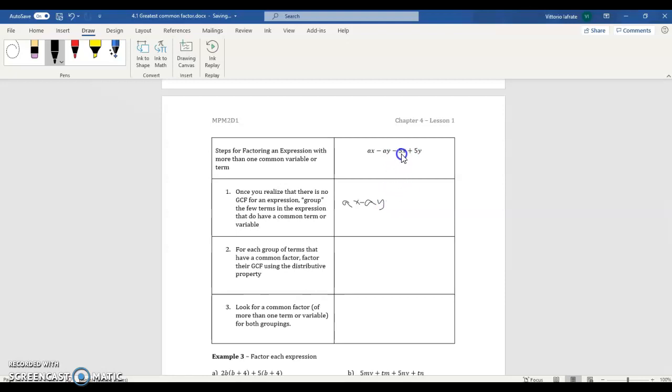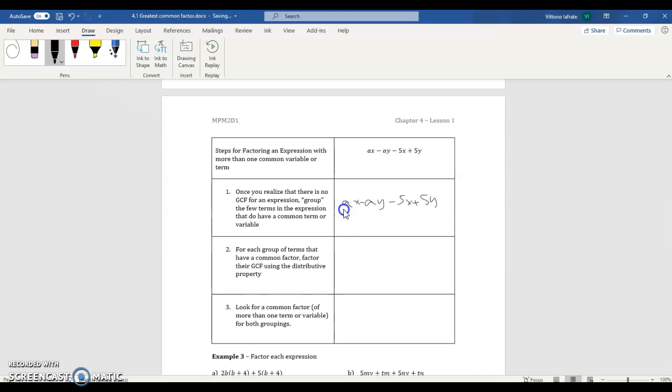And then the other terms, these two both have 5. So minus 5x plus 5y. And so what we're going to do is treat these as, in a way, two different groups. We have the ax minus ay group and the minus 5x plus 5y group. And I'm going to take out a common factor from each one of these groups.